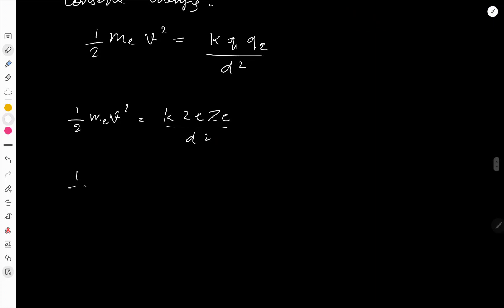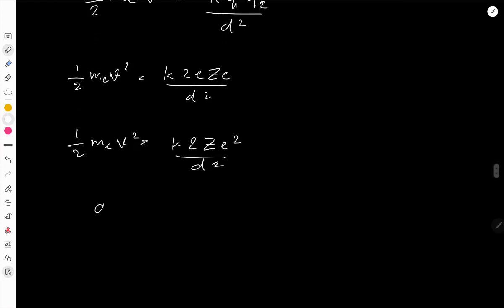Again writing it in a simplified fashion, it would be k 2Z e square by d. And now taking d on the left side, and so d would be 2k Z e square upon half m v square.